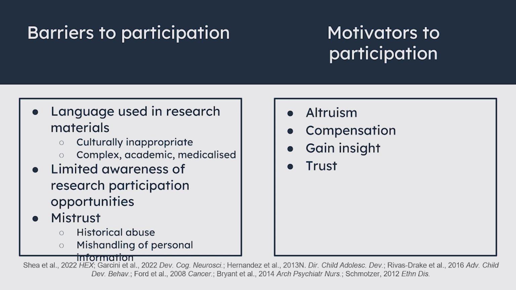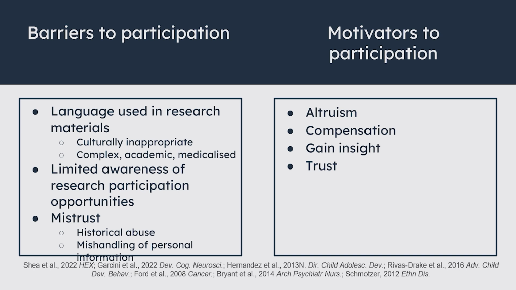So individuals from typically underrepresented groups face some key barriers to participation. And I've got a few of them up on the screen, but the biggest one is mistrust. And this comes from historical instances of marginalization and oppression and research abuse. So it's important to keep that front of mind, and I'll talk about how we can counter this in a couple of slides.